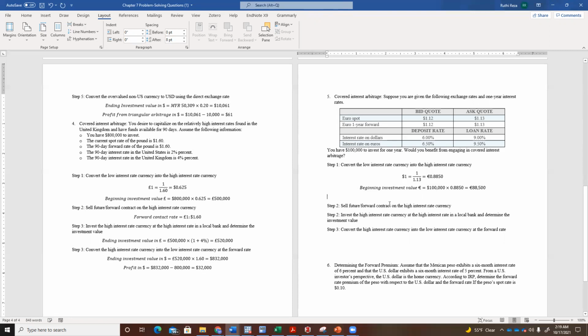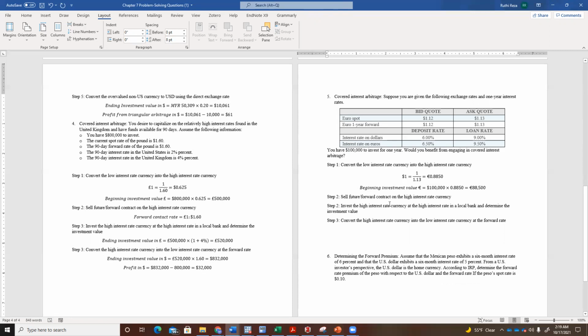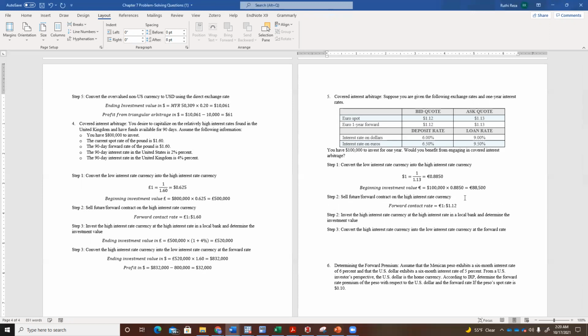All right. Now we have the euro, right? And in the future, we want to sell the euro. If we want to sell the euro, what price are we going to get? We are going to get the bid price, and the bid price is $1.12. So this is the forward contract rate we have.